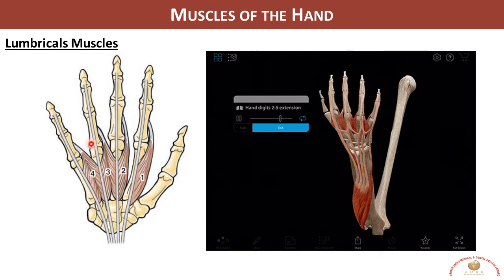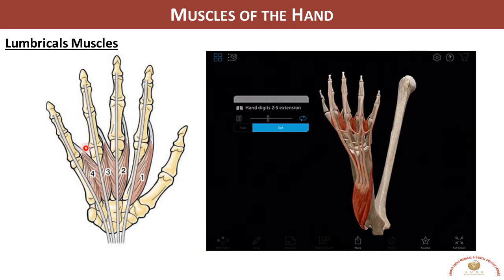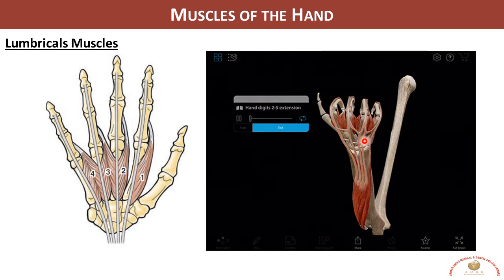They all attach to the lateral side of the extensor expansion of the second to fifth digits. This is the flexion at the metacarpophalangeal joints and extension of the interphalangeal joints of the second to fifth digits. So this is the function of the lumbrical muscles.